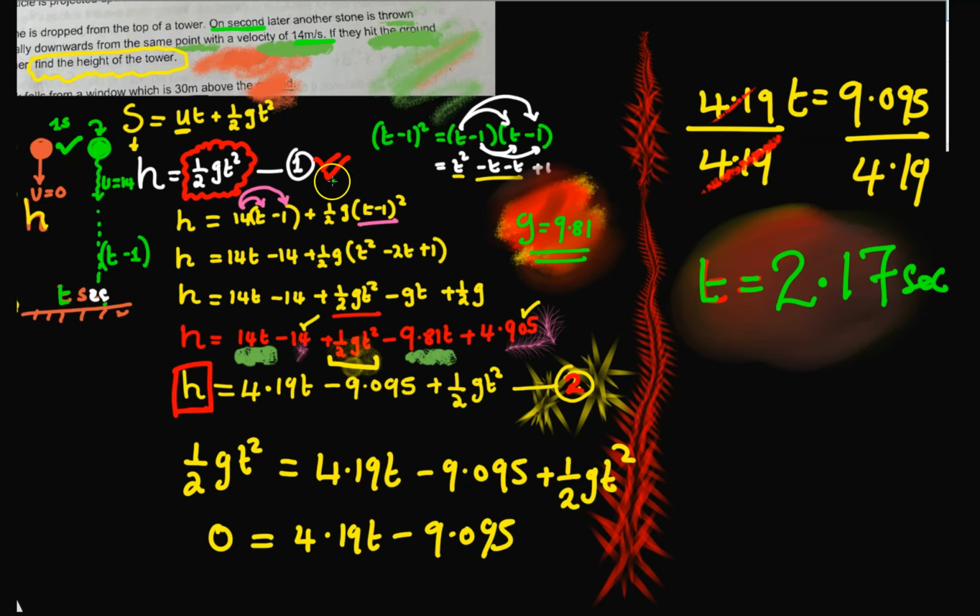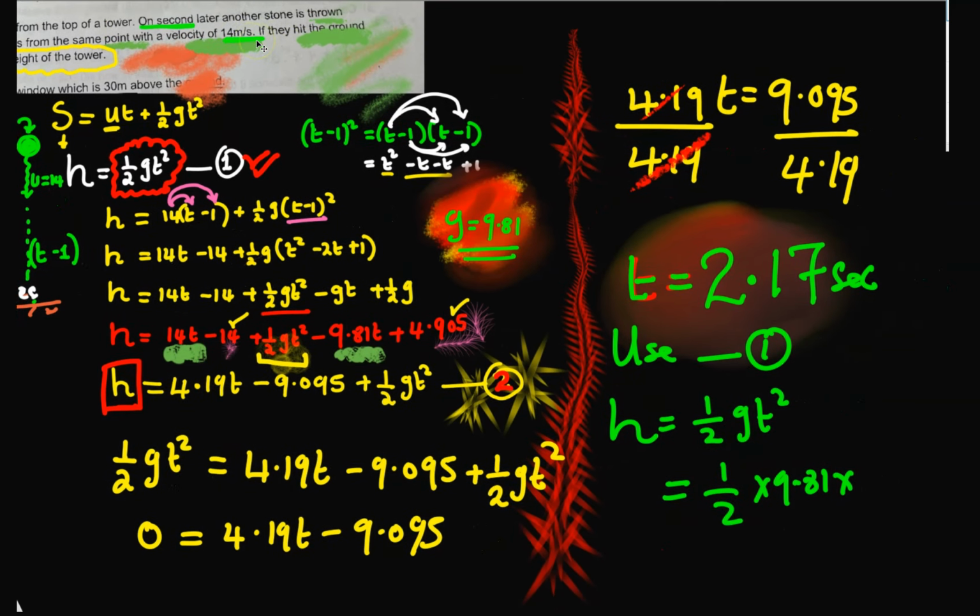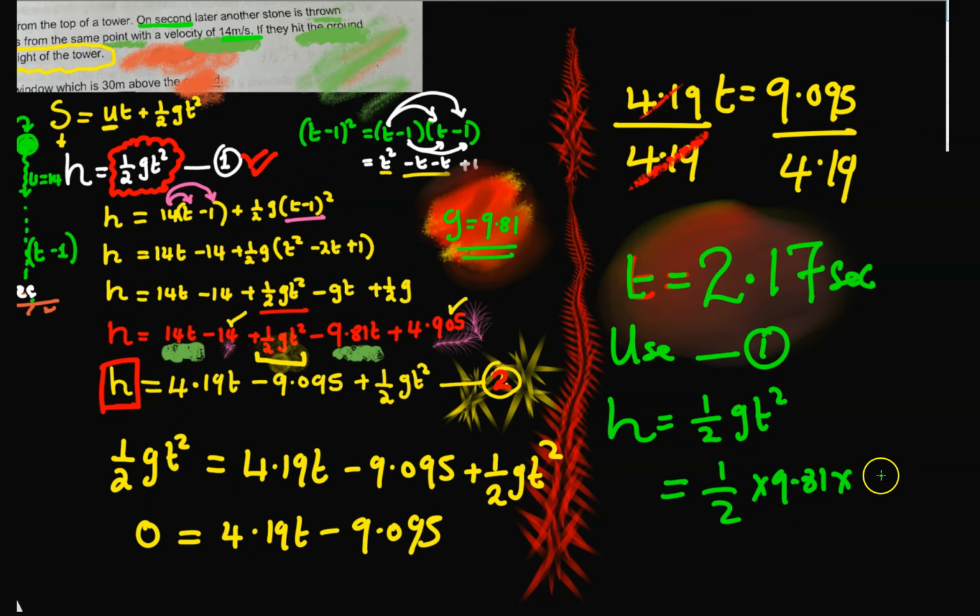So we can use equation 1 in order to get the height. So height was equal to a half gt squared, which is a half times 9.81 times 2.17 squared. Let me just first write the time that we had obtained here. Time was 2.17.